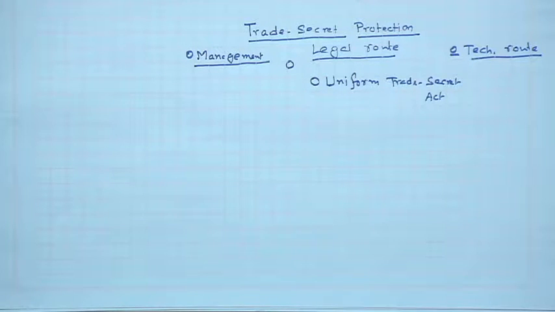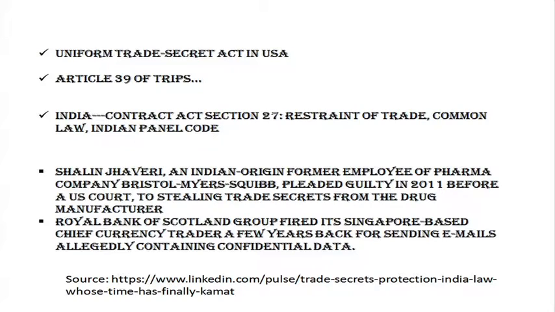The Uniform Trade Secret Act has defined trade secret on similar lines to the TRIPS agreement, and it suggests what type of remedies, civil or criminal, will be provided in respect of breach of trade secrets. If you read the legislation, it has a definitions clause and subsequent parts with reference to breach of trade secrets.